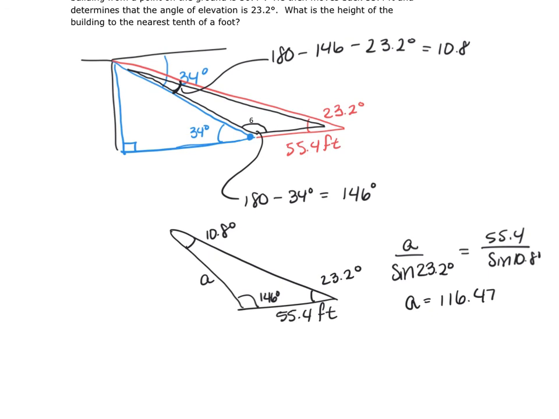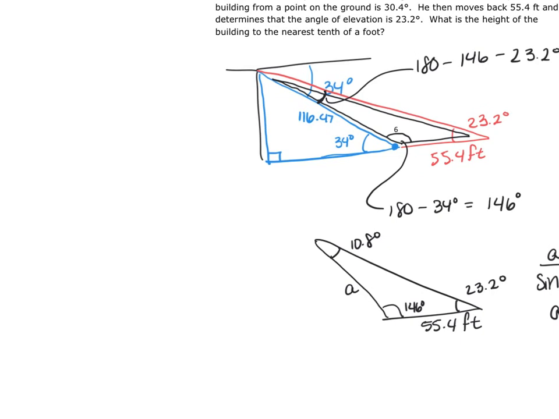We know that this length of the radius is 116.47. So I'm going to use sine because I want this value. I'm going to call this y. So the sine of 34 degrees is equal to y over 116.47.